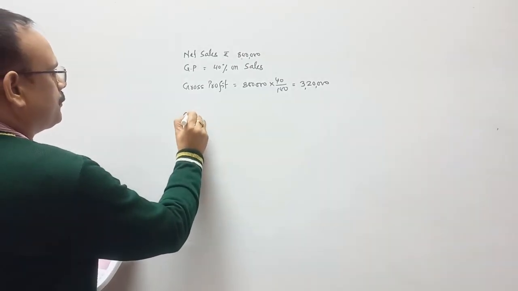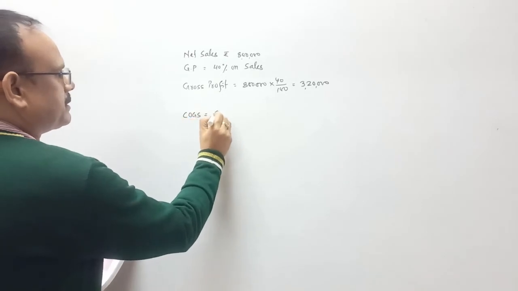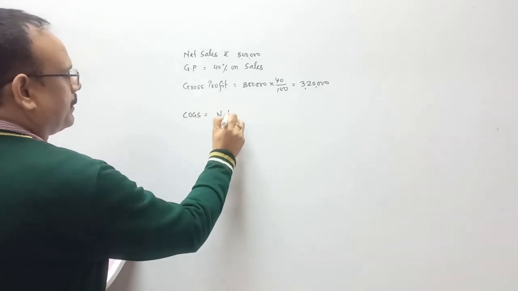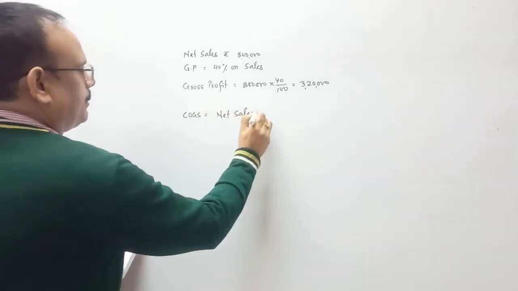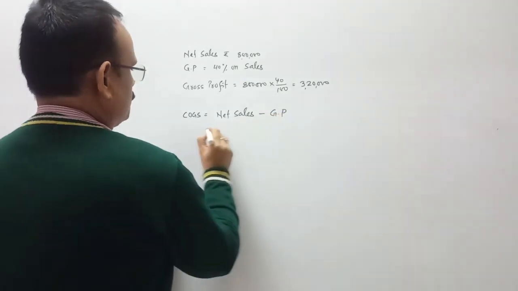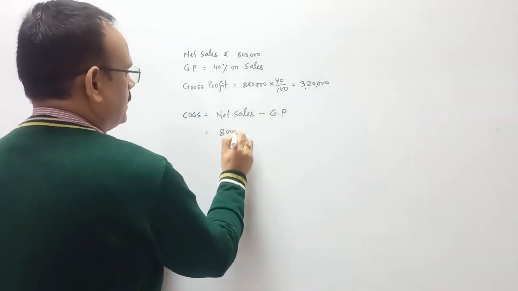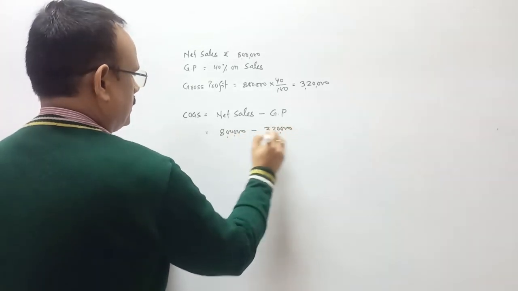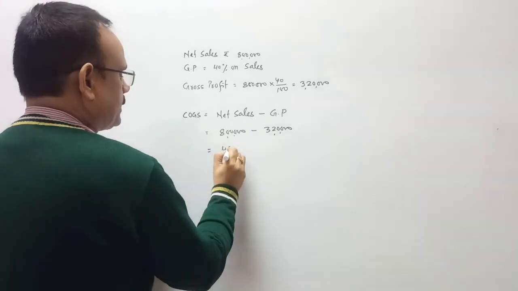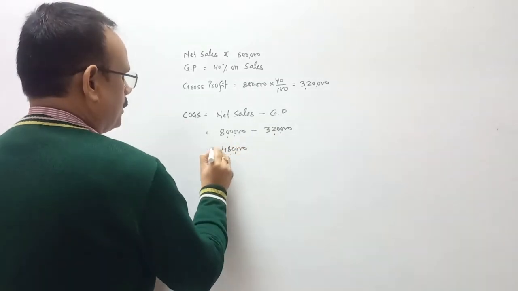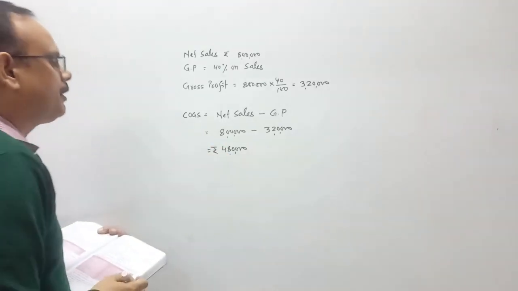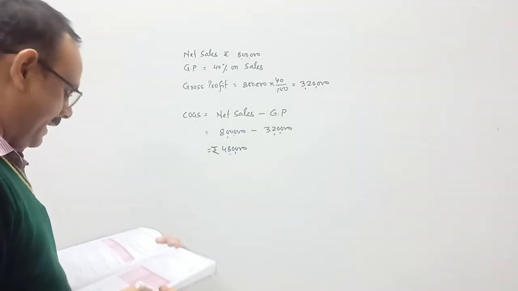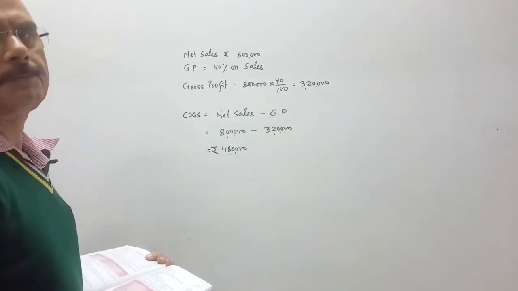Now cost of goods sold is equal to net sales minus gross profit. Net sales is 8 lakhs and gross profit is 3,20,000. So the difference is 4,80,000, which is the cost of goods sold. This is expressed in rupees. That's it.